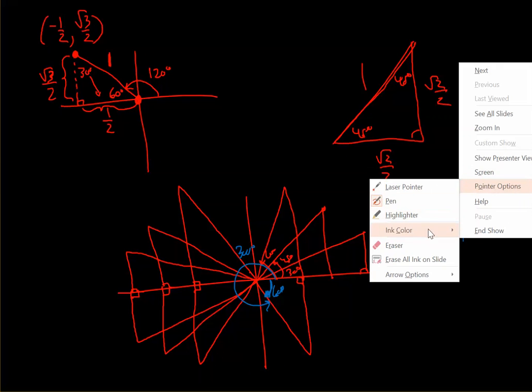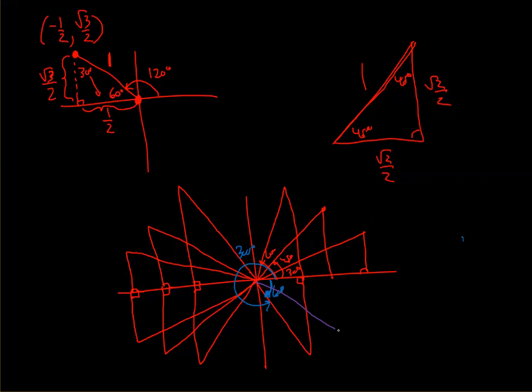All right, I like the different colors. Okay, so that means if I go this way, you guys tell me, what is this angle going to be? Cool, 315. And then the last one, I'll just do it in purple here. What is that angle going to be? 330.